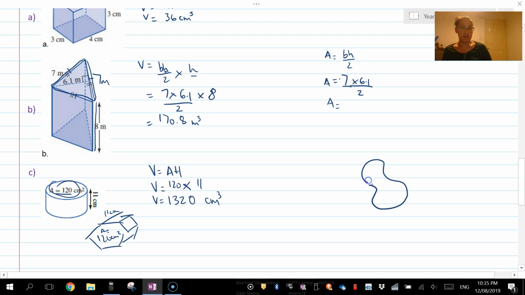You could still, as long as A equals 120 centimeters squared, and if this was your prism, it's still a uniform cross section the whole way, and this was 11 centimeters, that would still have that same volume here. It's just using the formula V equals A times H.